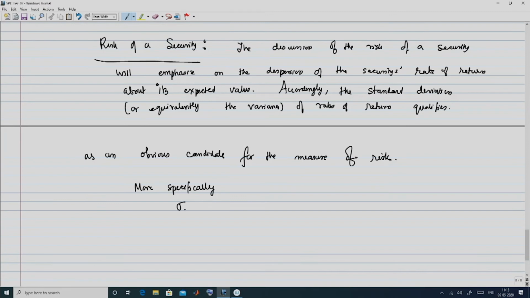More specifically, the variance of the return of the ith asset, denoted by sigma i square, by definition of variance is E of (Ri minus E of Ri) square, and in terms of probability, this is going to be the summation of p subscript s times (R i comma s minus E of R i) square, s equal to 1 to capital S.